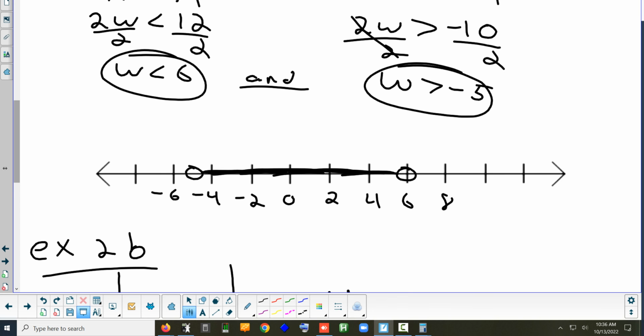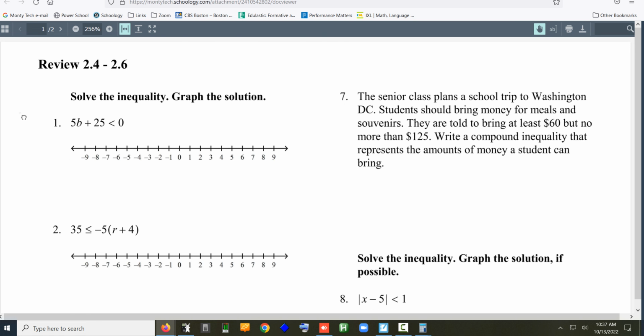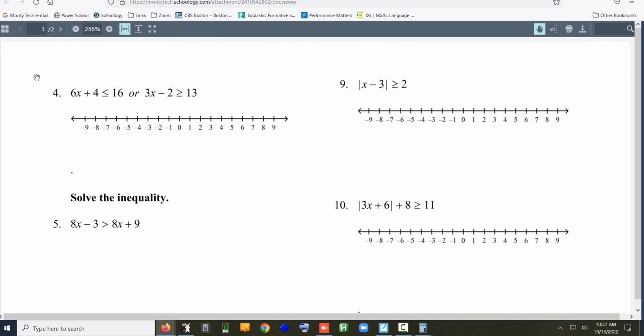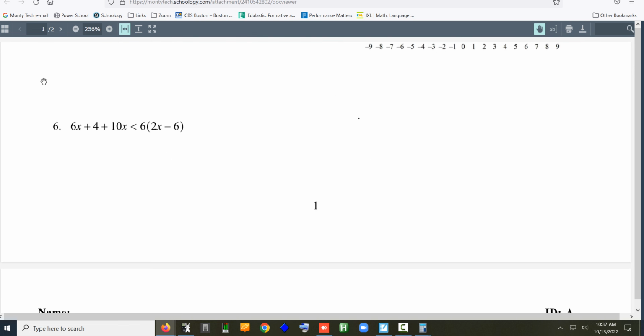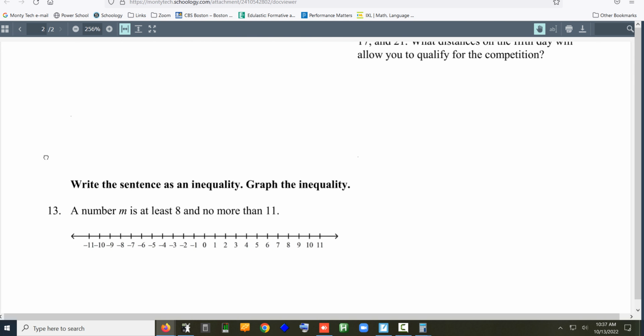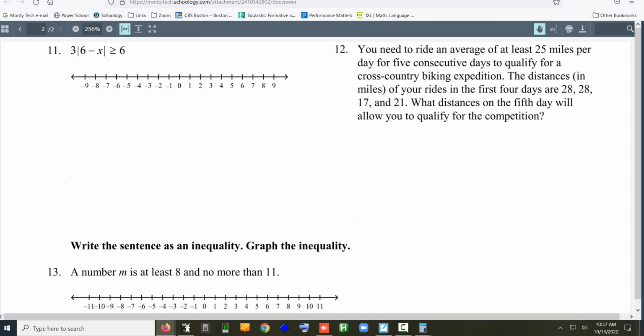Okay, so quick reminder that there is a review guide online. What I think we'll do this week is if you do the review guide, I'll make that extra credit for the test. So you don't have to do this review guide.